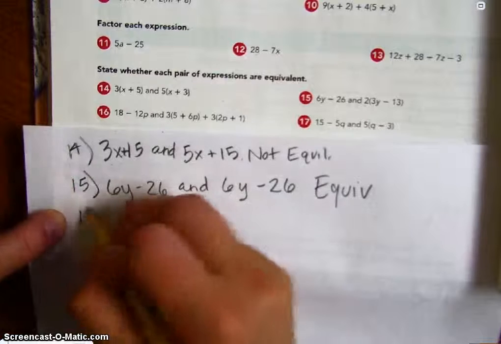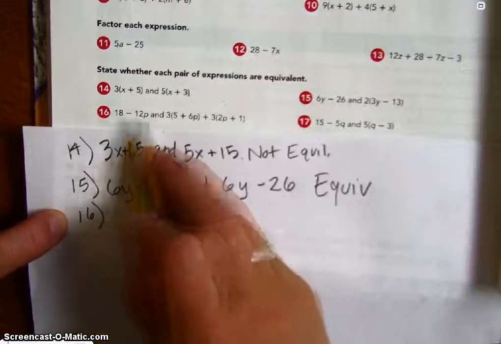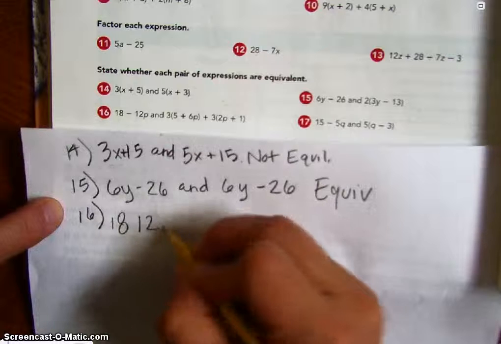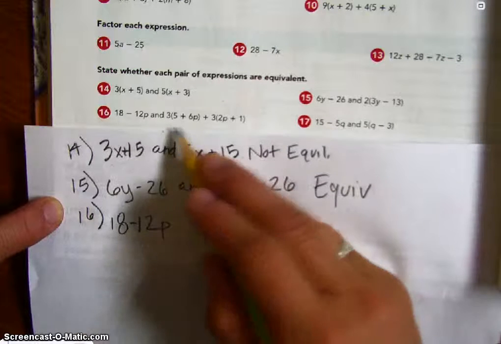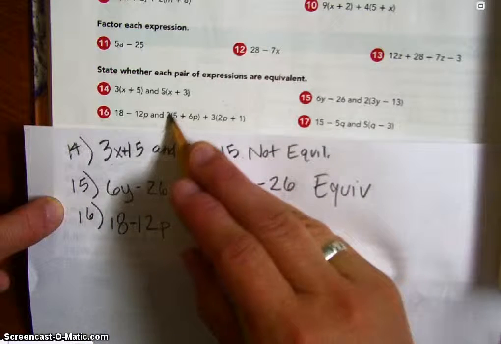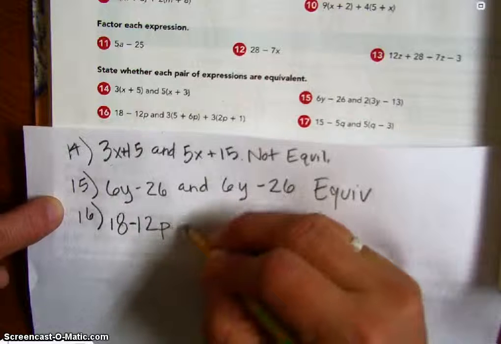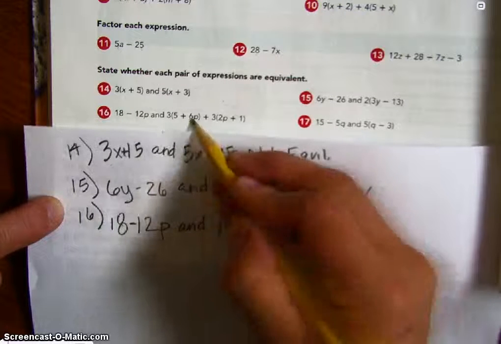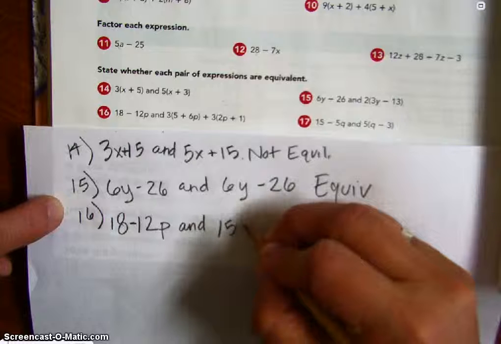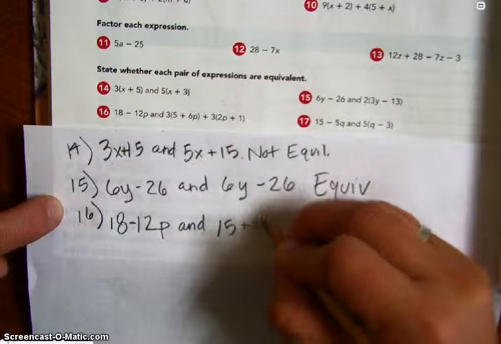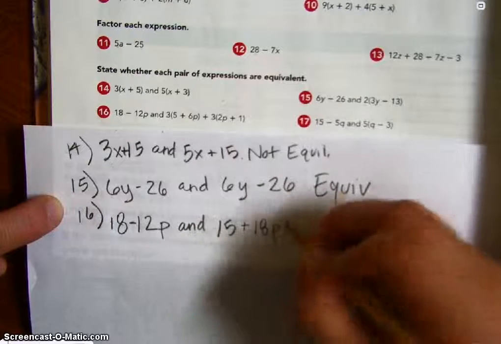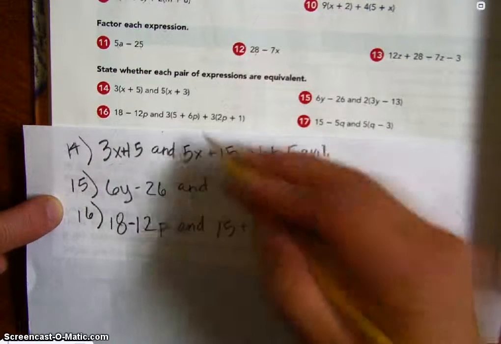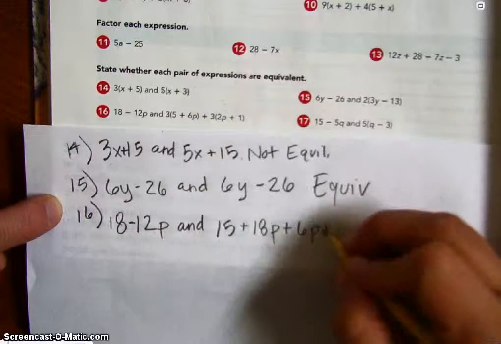Number 16, same thing. 18 take away 12p, and let's go ahead and just multiply this out. 3 times 5 is 15. 3 times 6p is 18p, plus 3 times 2p is 6p. 3 times 1 is just 3.